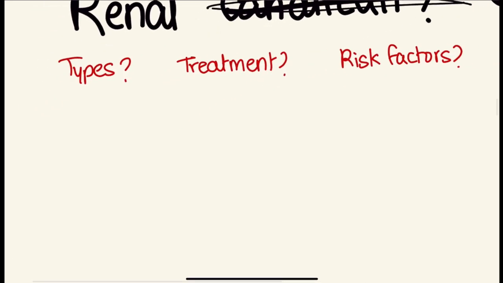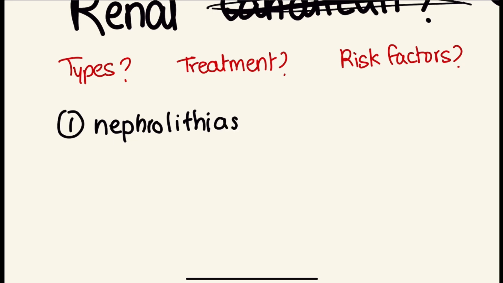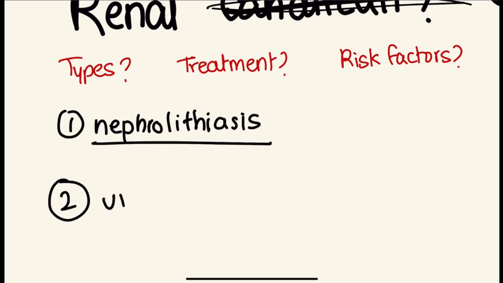Now what are the types of renal calculi? The first type that I have is called nephrolithiasis, and the second type is called ureterolithiasis.